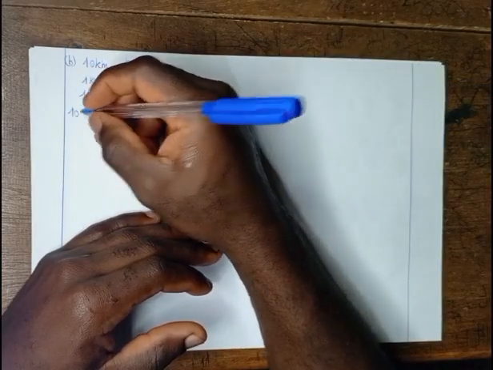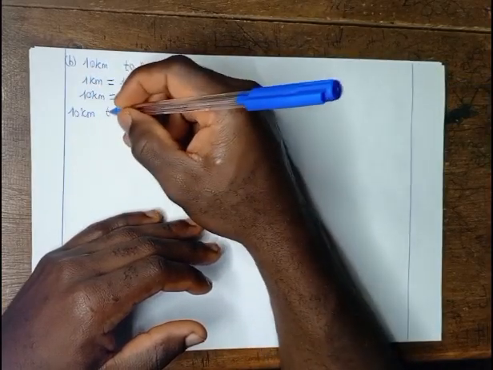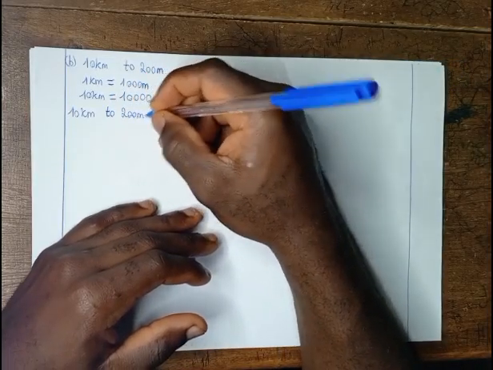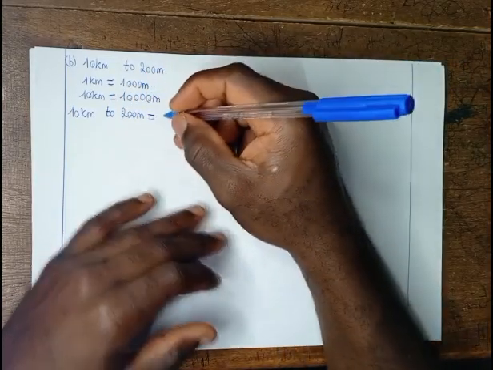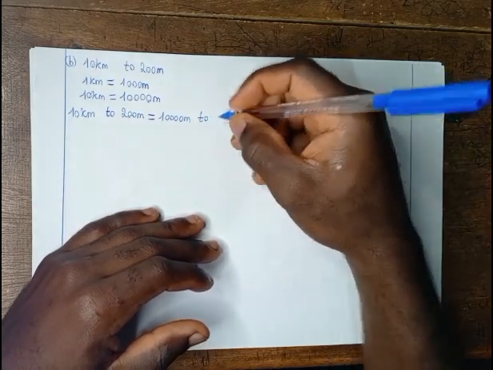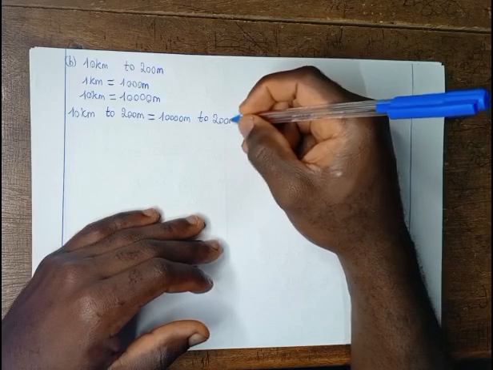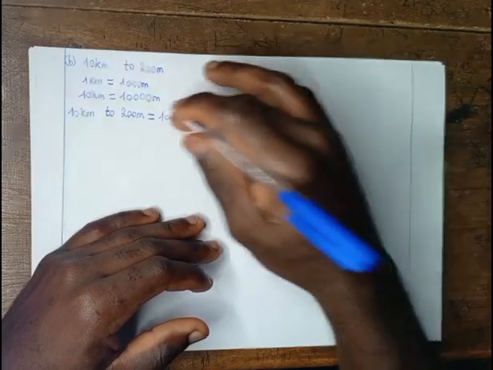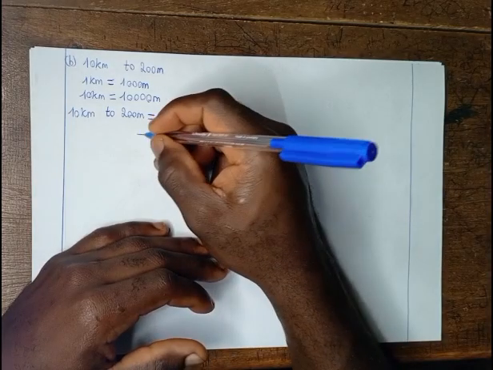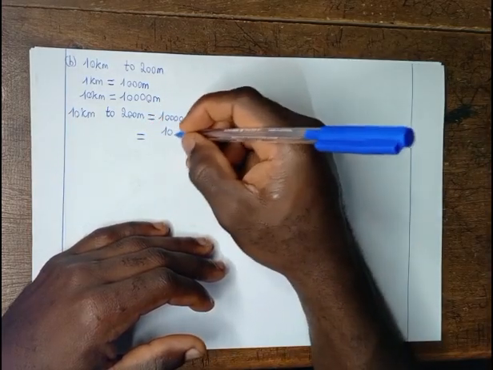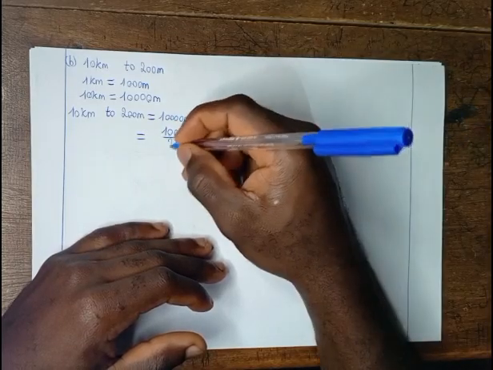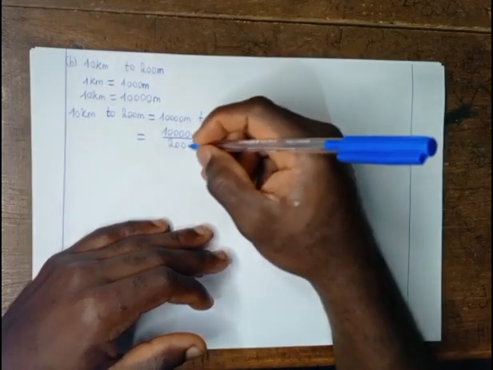Next, the ratio 10 kilometers to 200 meters is the same as 10,000 meters to 200 meters. You can see the two quantities now have the same unit. Now we can express it in the fractional form. This will be the same as 10,000 meters all over 200 meters.